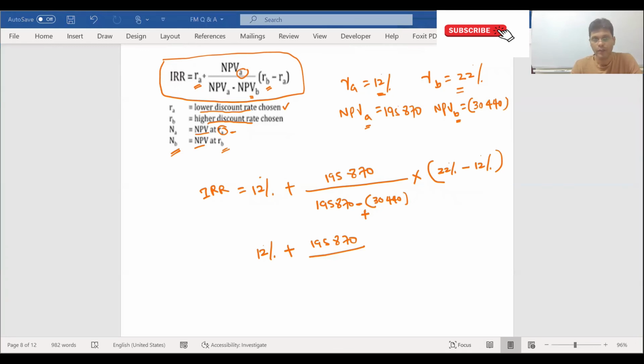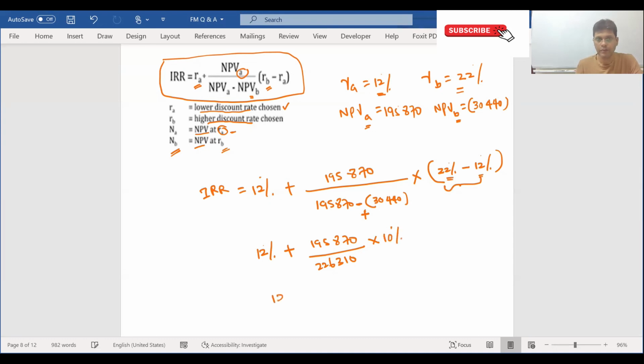So that will be how much? 195,870 plus 30,440. So that will be 226,310. That has to be multiplied by the difference between 22% and 12%, which is 10%.